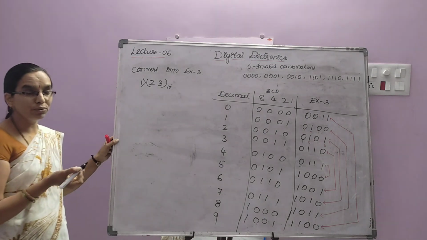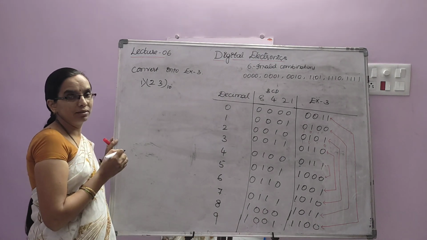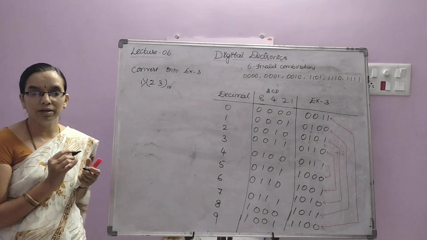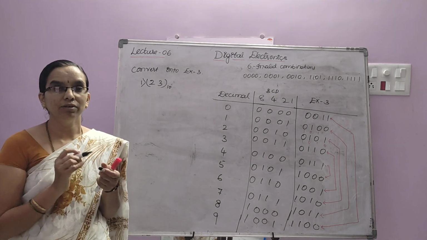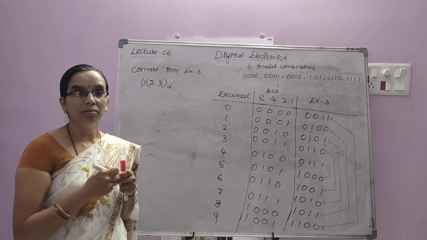That means individual digits are added by 3. So each digit in the decimal number should be added with 3, then convert the result into binary.